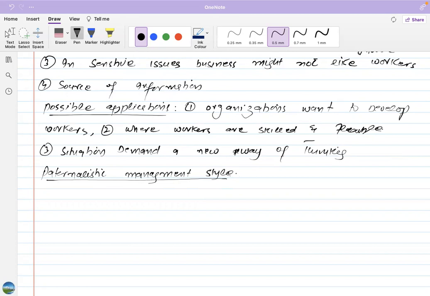A management style that is based on the view that the manager is in a better position than the workers to know the best for the organization and workers both.